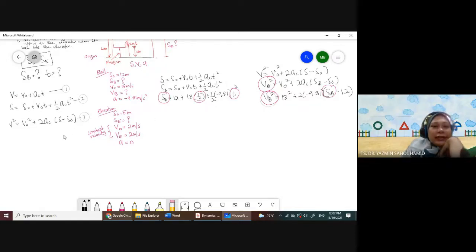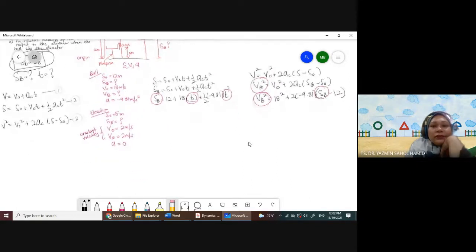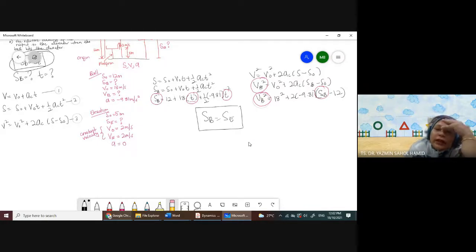Not really exactly. Let me give you a clue here. This one: SB equals SE. Now think. When the final position of the elevator and the ball will be the same. So what do you think now? Can you think?